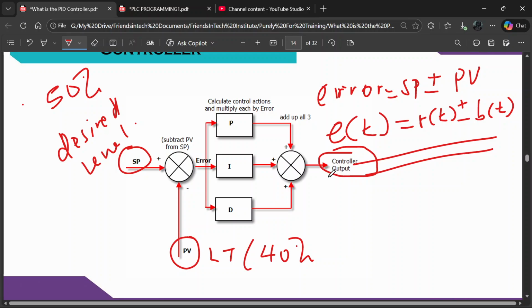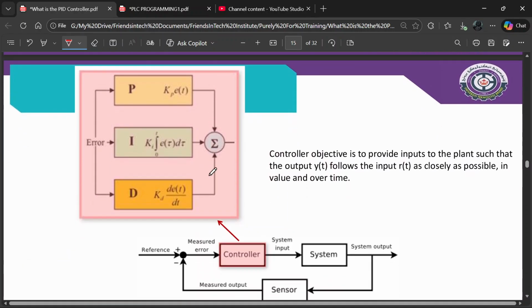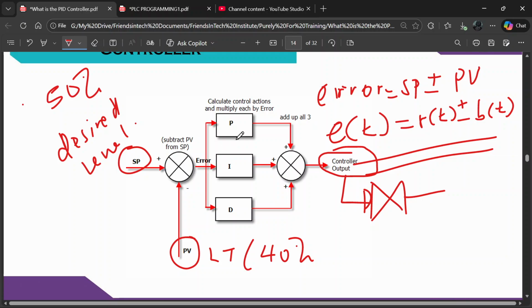Now this controllable signal is given to an actuator. So it can be a valve or a heater to affect the process. That is PID. So let's dig deeper into this proportional, integral, and derivative mathematically.